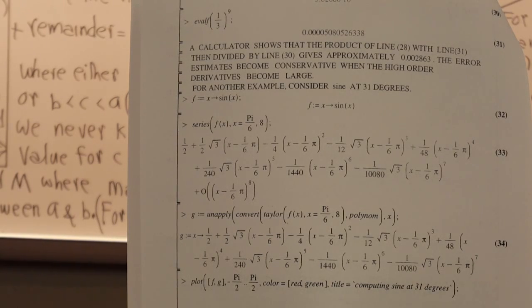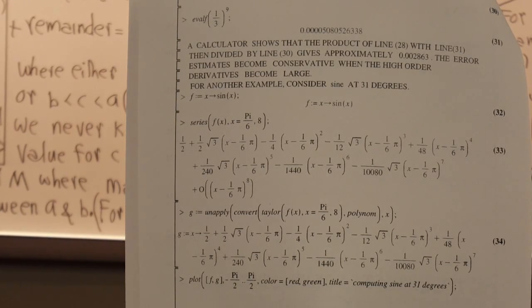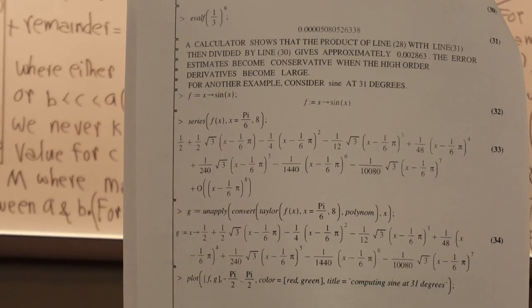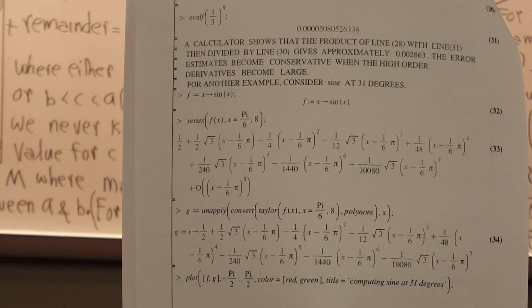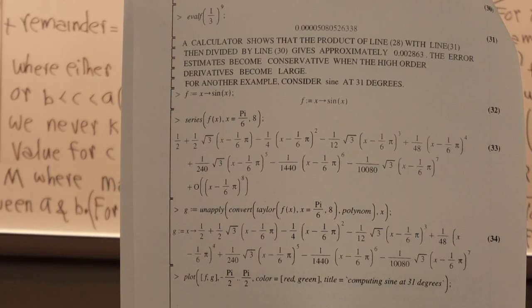And you could just as well type g colon equal x arrow and then type in the function that you want. Does the same thing. So then my point is that you can plot the approximate polynomial that I'm calling g, and you can plot the actual sine, which is f.